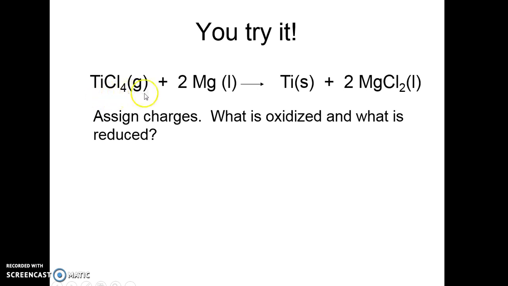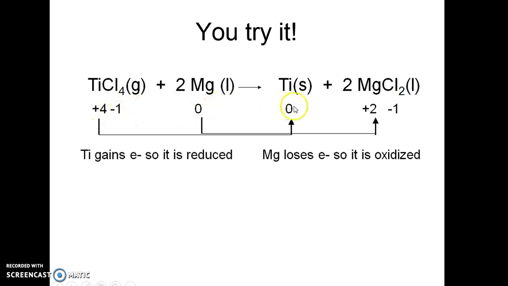Chlorines have -1. The magnesium, because it has no charge written up here and it's not combined with anything, is a 0. The titanium likewise is a 0. And then the magnesium here has a positive 2 charge because of where it is in the periodic table, and also because there's 2 chlorides. So here are those charges written out.